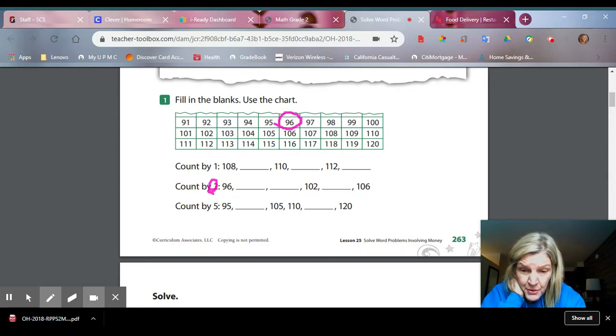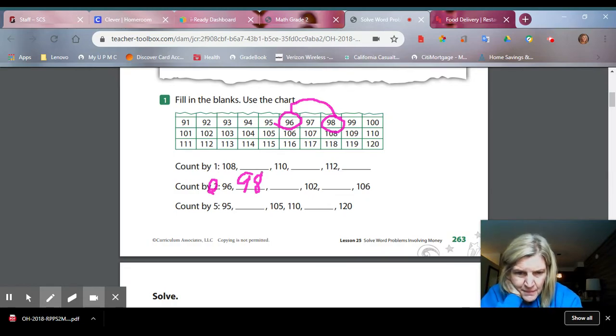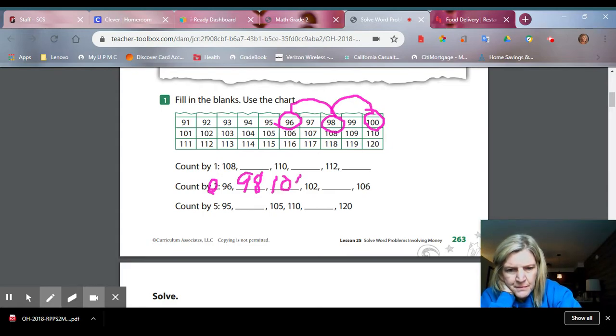And now count by 2s to get to the next number. 96, skip 97, go to 98. 98 is the next number, counting by 2s. You have to count by 2s again to get to the next number missing. 98, skip 99, go to 100. They gave you the 102 for your next number. So you skip 101, you go to 102.